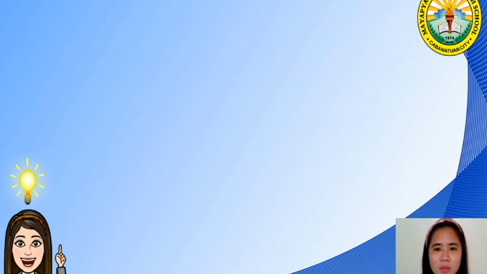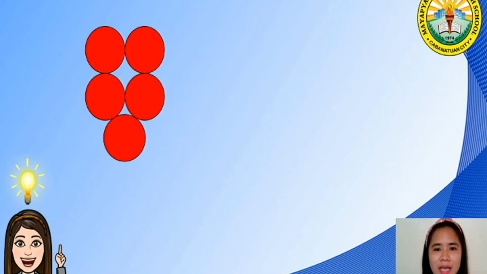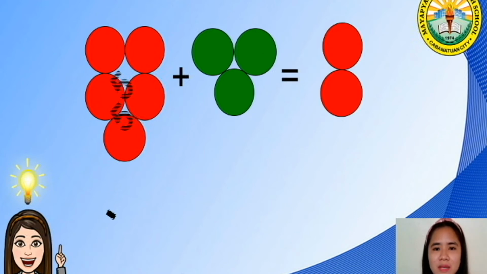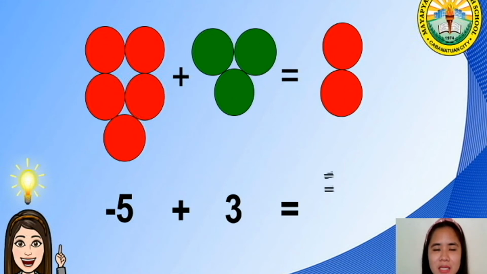How about this one? What will be the answer? 5 red chips plus 3 green chips. You're correct. The answer is 2 red chips. So that is negative 5 plus positive 3 equals negative 2.